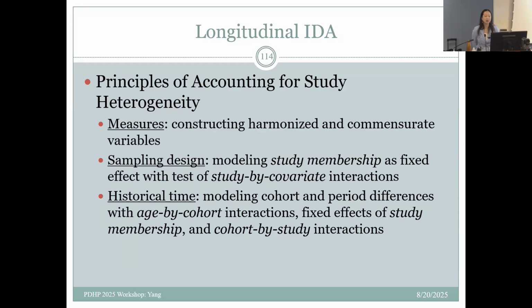For longitudinal studies, it's more cumbersome, and ideally, one would compute weights for the pooled data set. In the existing studies that I just showed that have been published, we did not use weights in regression models, only for descriptive analysis, not for the pooled sample, but for a study-specific sample.